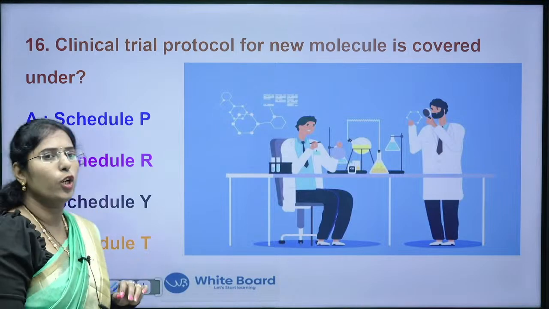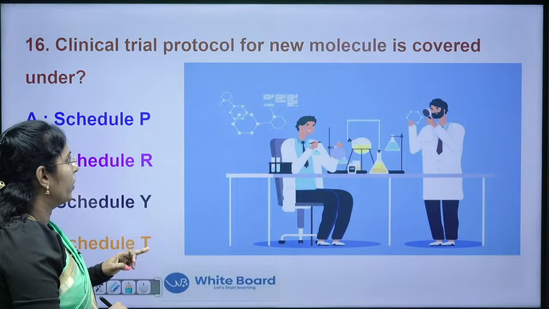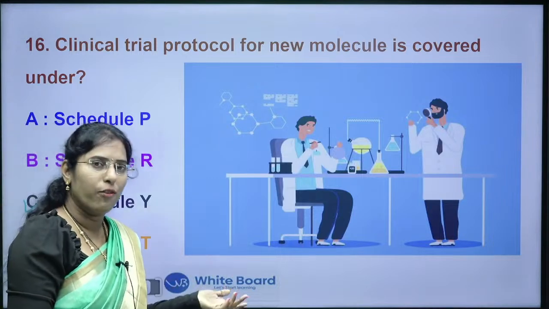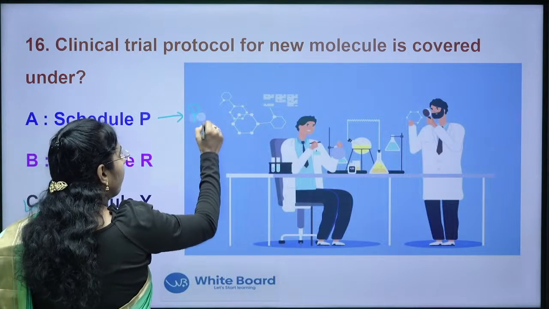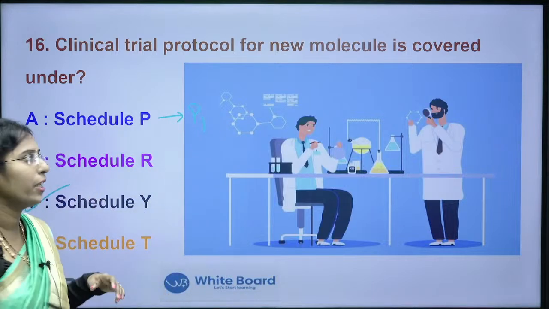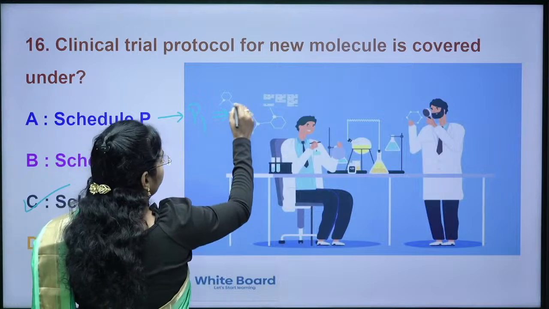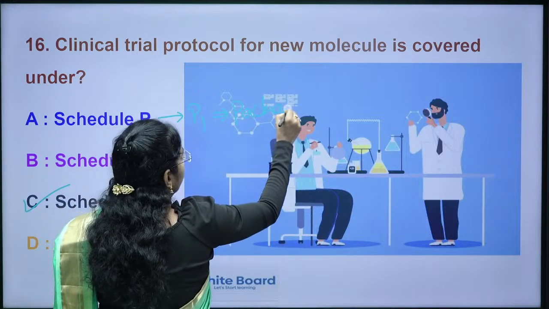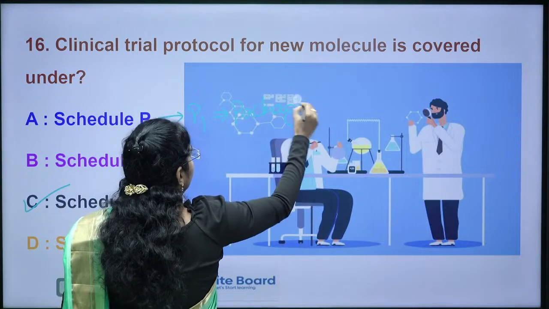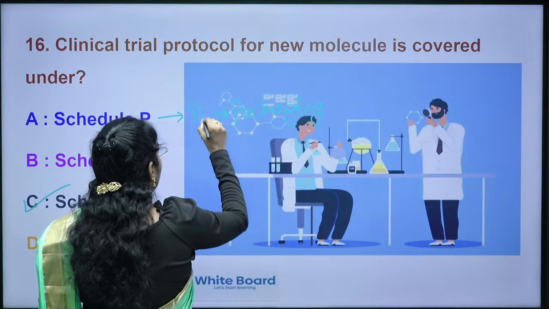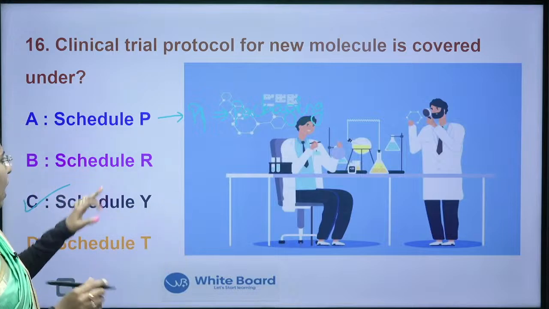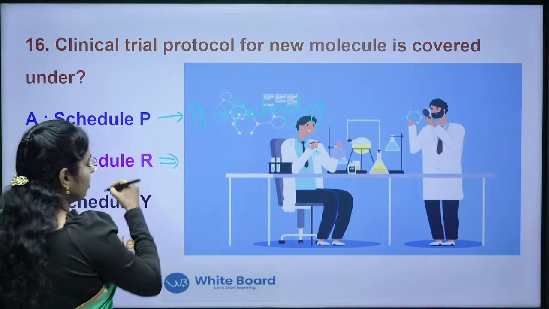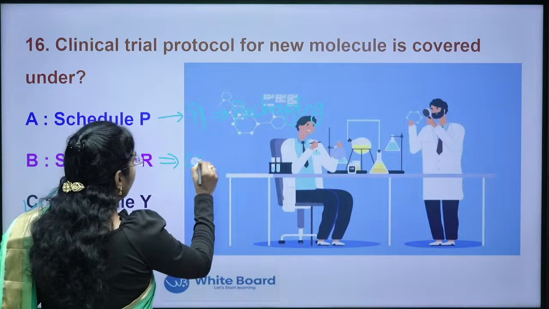Next, what is Schedule P? Schedule P is for storage and shelf life, and under P there is again P1. P1 is related to packaging. And what is R? R includes the regulations and standards for condoms.